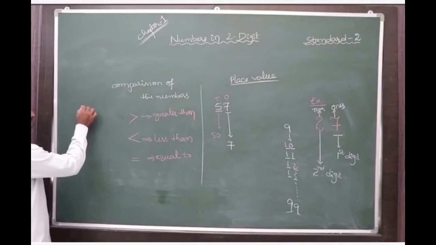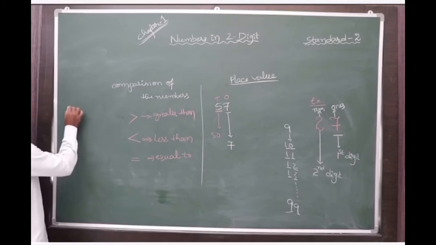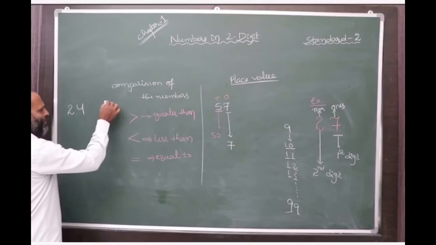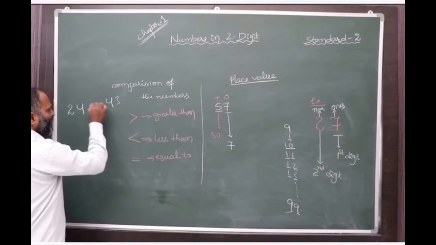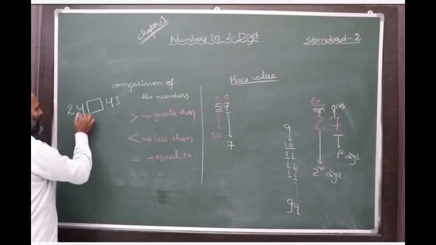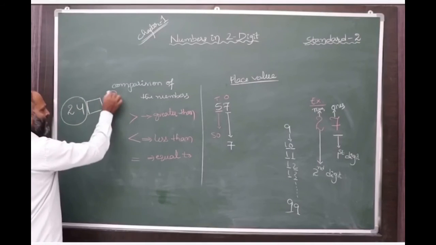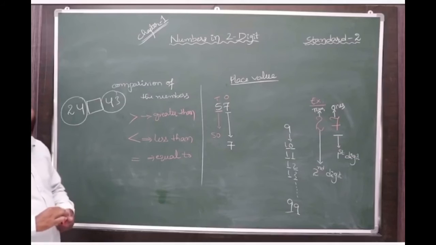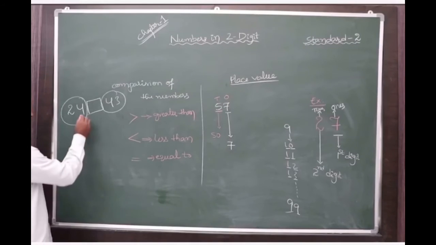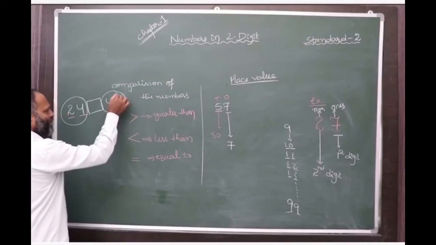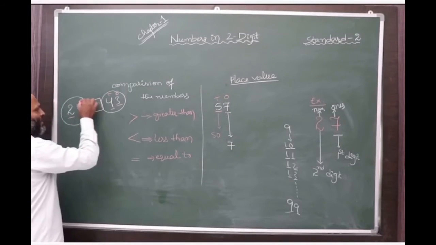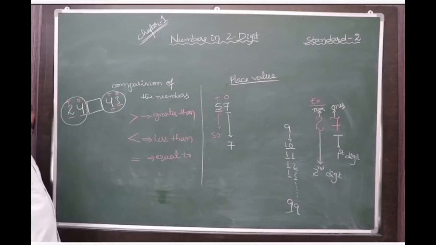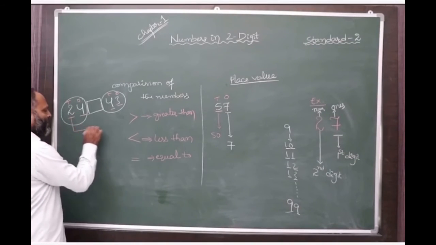Suppose I give the numbers 24 and 43. This is the first, this is the second. How to compare these numbers? This is the ones place, this is the tens place. We compare the tens place first.